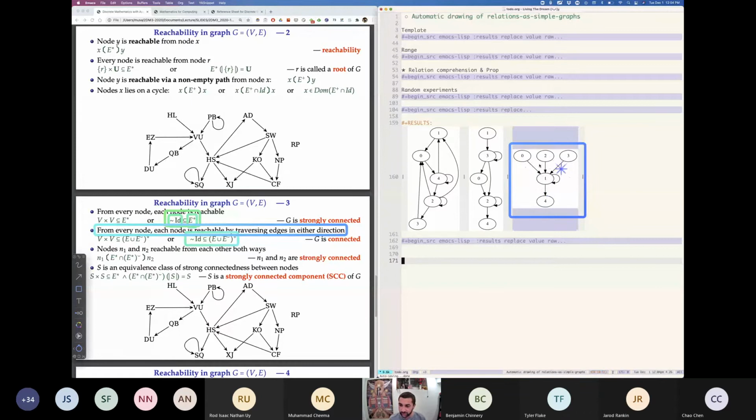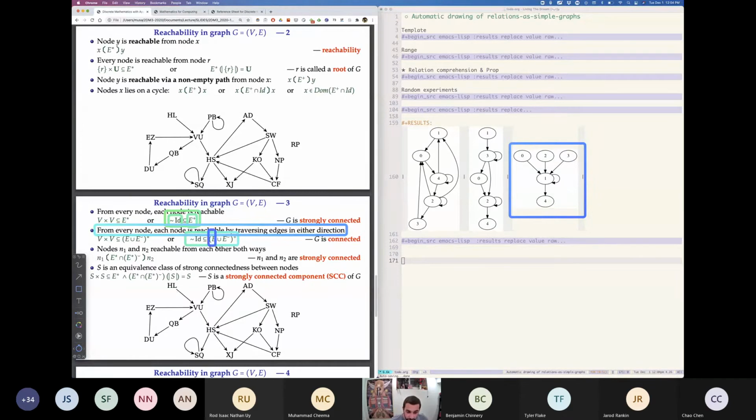There's no node that's forever alone. There's no node sitting in the corner crying by itself because it has no friends. They're all touching each other, and so every node is reachable by traversing edges in either direction. How do I get from 4 to 0? It's touching 1, and 1 is touching 0, so 4 and 0 are touching, right?